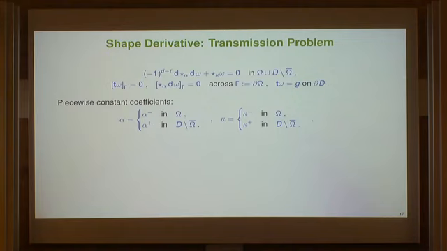They are piecewise constant, and the jump is defined by this domain omega. They have one value inside omega and another value outside. I say, well, this is really straightforward. You use a variational formulation and you just plug in the discontinuous coefficients. So what the heck is the problem? There is a problem.